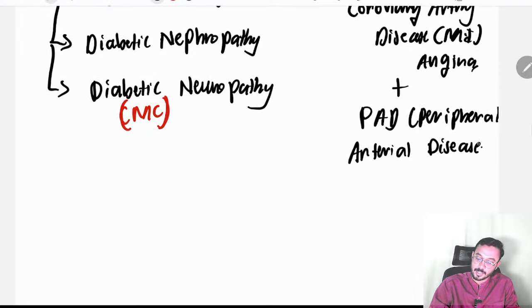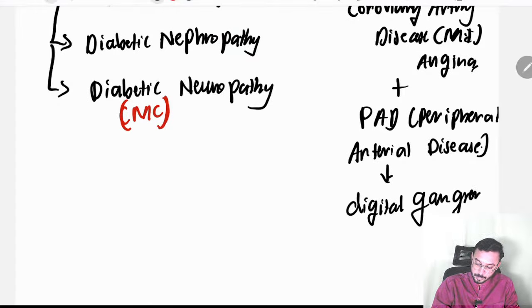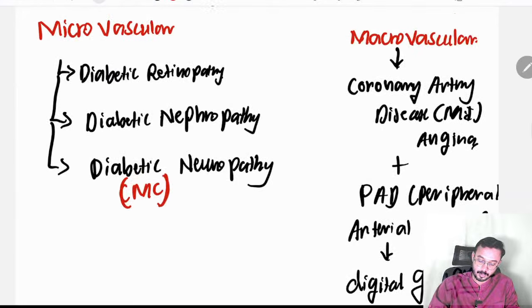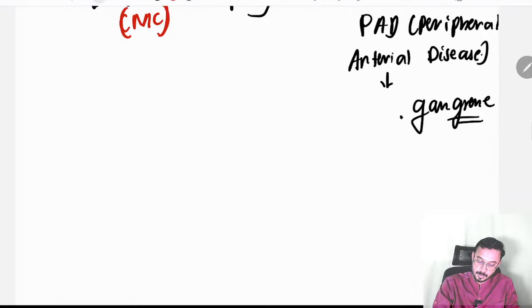This leads to the formation of gangrene, digital gangrene. Digital or distal areas also lead to the formation of gangrene in this patient, like distal gangrene and all in distal parts.